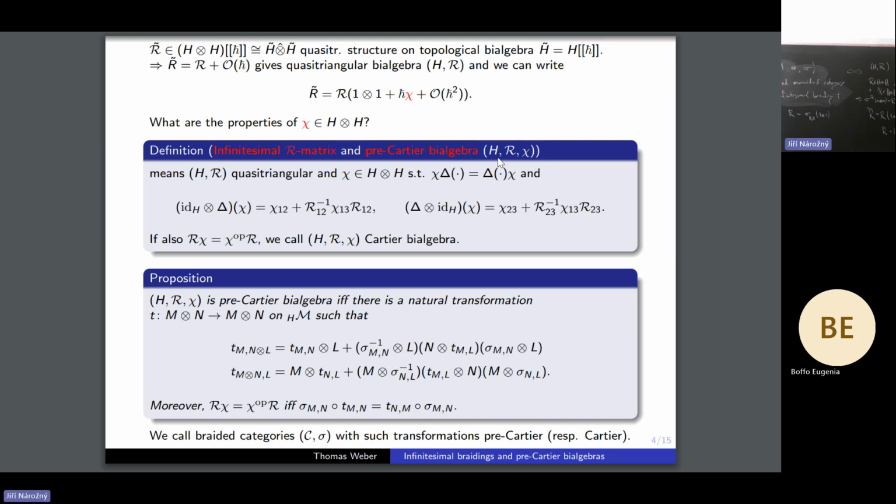Well, it's not necessarily a Poisson bracket because the Jacobi identity sometimes doesn't vanish, but if it vanishes, you have a Poisson structure and you can quantize your favorite deformation.